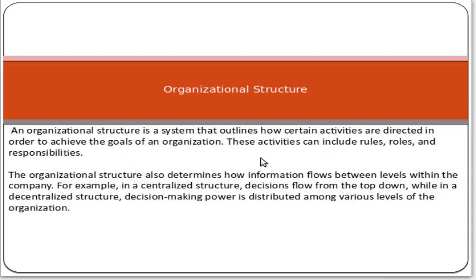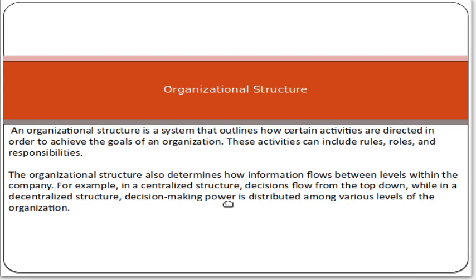These activities can include different roles and responsibilities. The organizational structure also determines how information flows between levels within the company. For example, in a centralized structure, decisions flow from the top down, while in a decentralized structure, decision-making power is distributed among various levels of the organization.